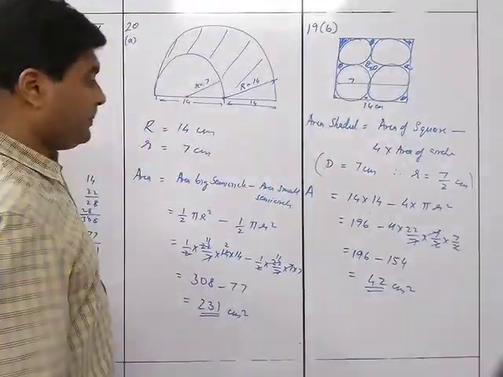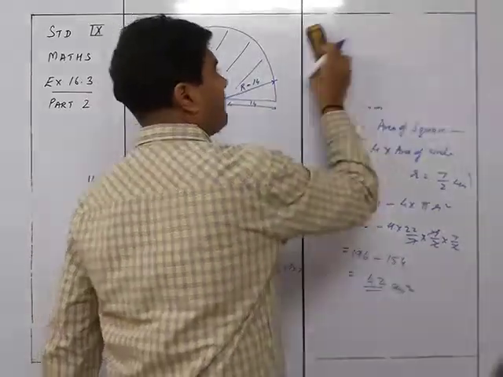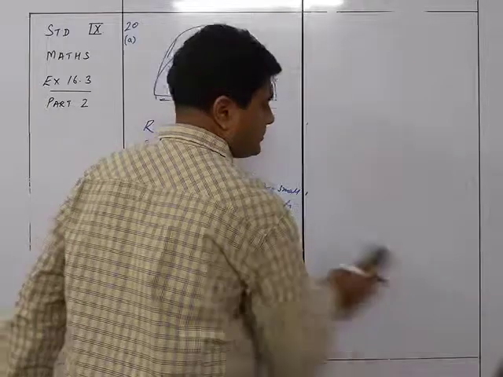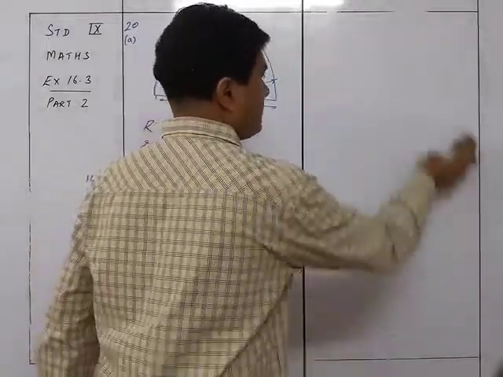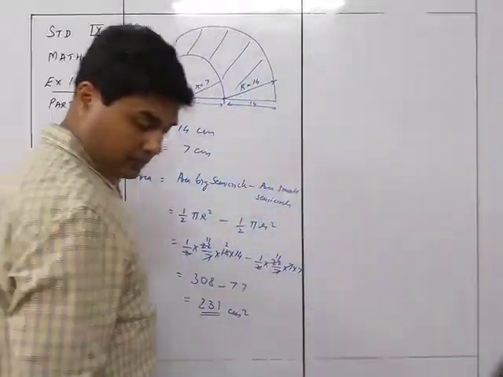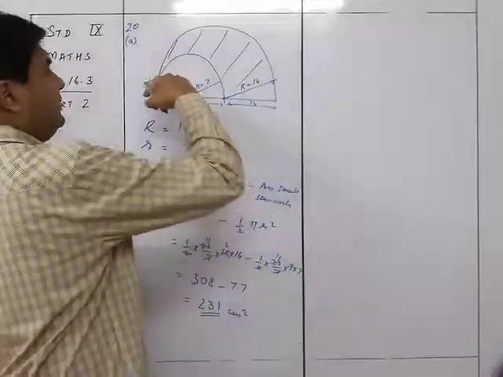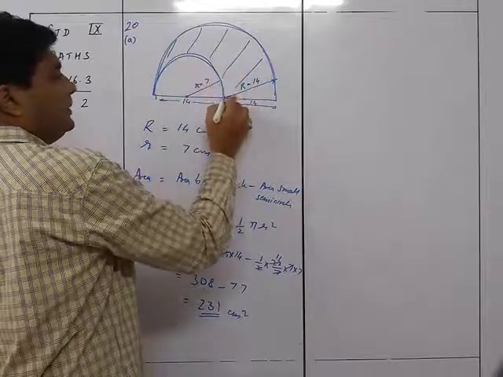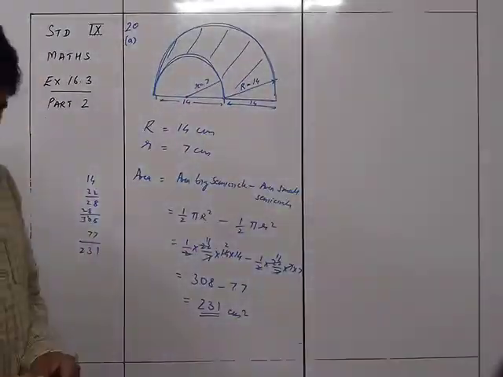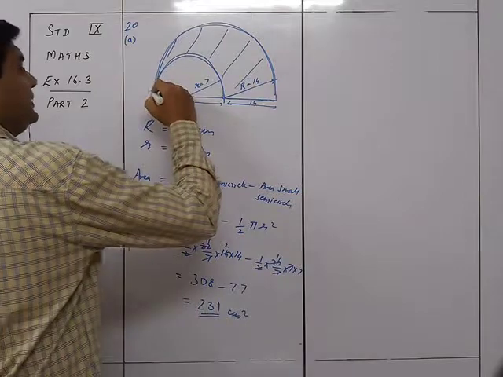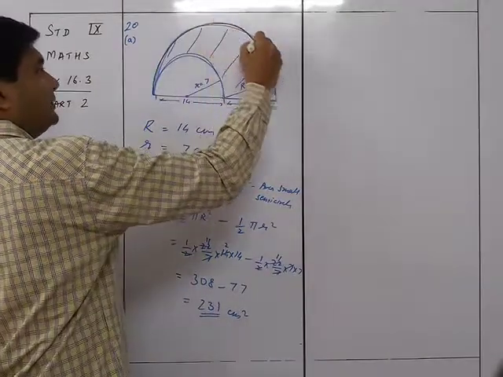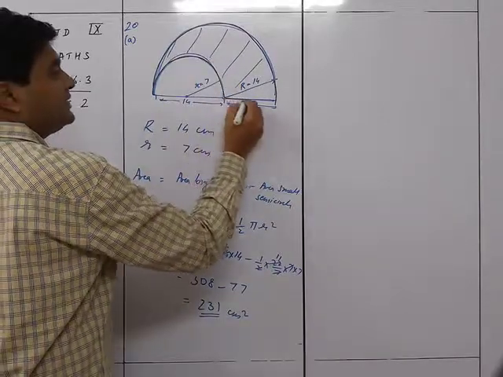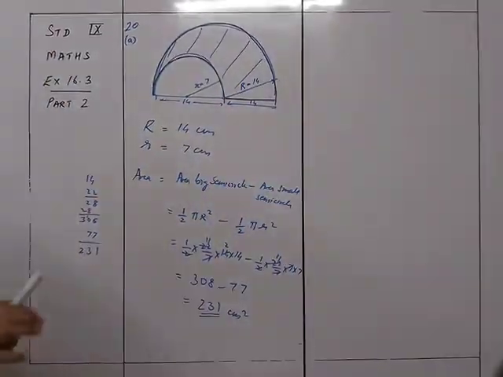Now we need to find out the perimeter. For the perimeter, it will be this part plus this part plus this part. Understood? I'll draw it in a different manner. This perimeter is this part plus this part plus this part. That is the perimeter of the shaded region.